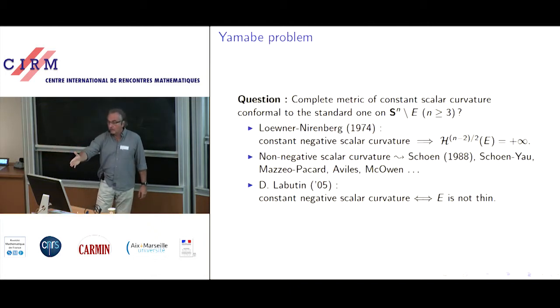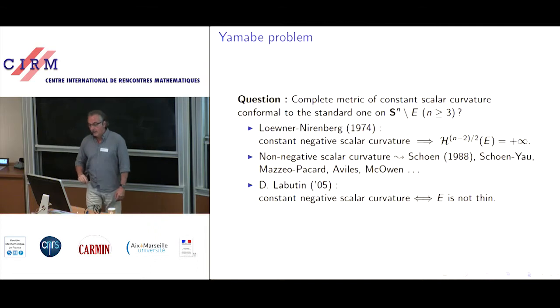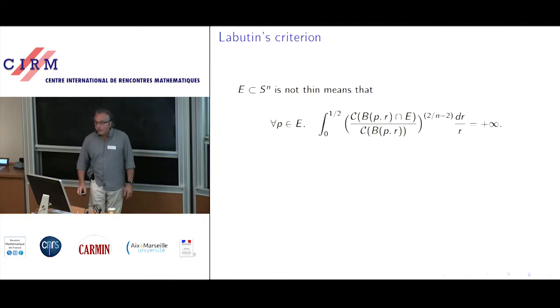Then there is a criterion: yes, it does, if and only if the set is not thin. I have to tell you what thin means, of course. I think it's not published because Denis wanted to get the positive case. For Yamabe questions, the negative case is usually easier. So let me describe what thinness is.